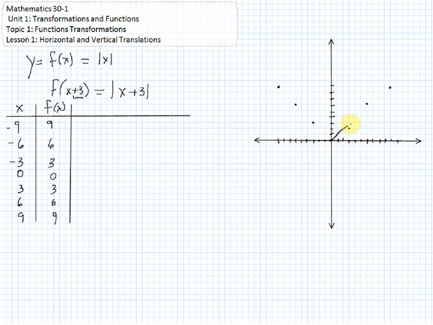And again, we can see that very distinctive V shape. Sorry, that's not a very straight line. That one's a little bit better. So we've seen this before, no surprises.